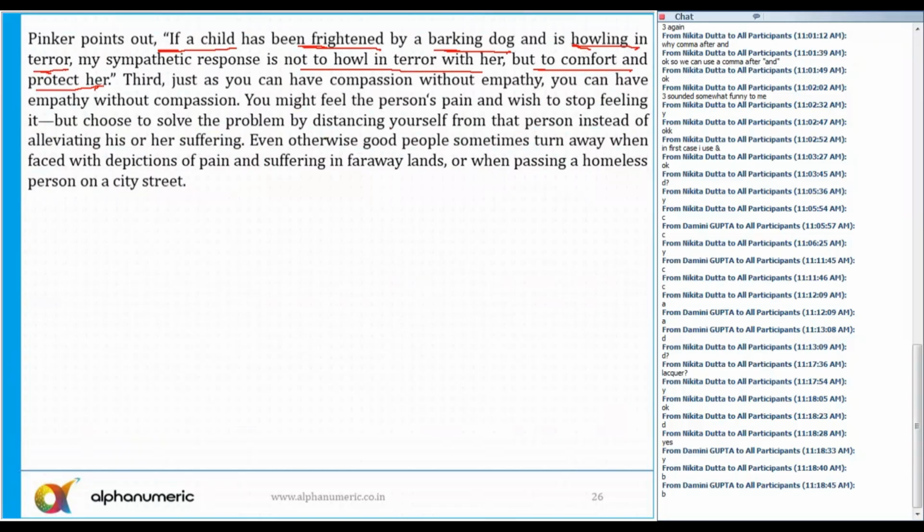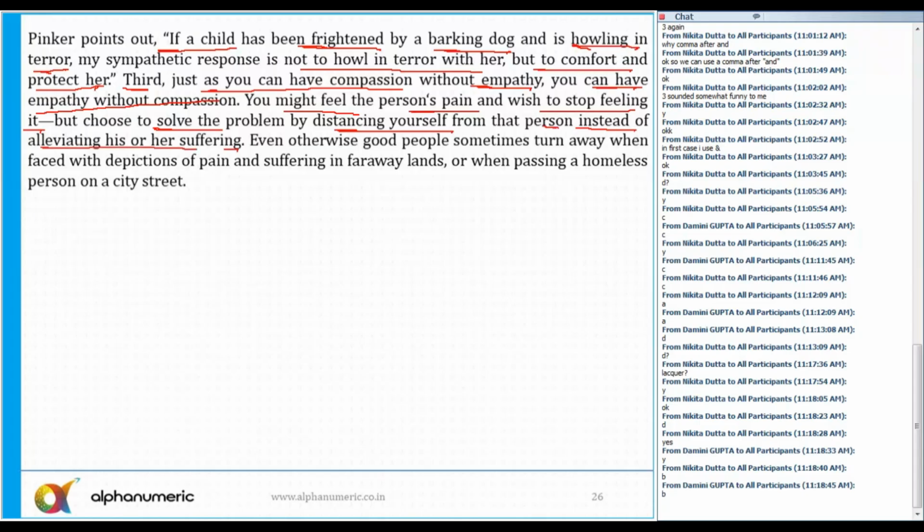you show compassion. And third, just as you can have compassion without empathy, you can have empathy without compassion also. You might feel the person's pain, you might wish to stop feeling it, but you can choose to ignore the problem. You can choose to distance yourself from that person instead of alleviating his or her suffering.